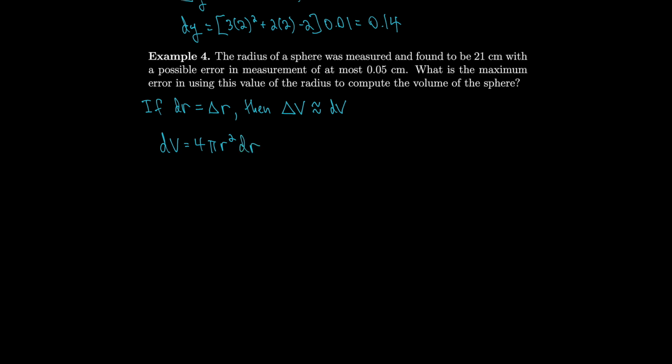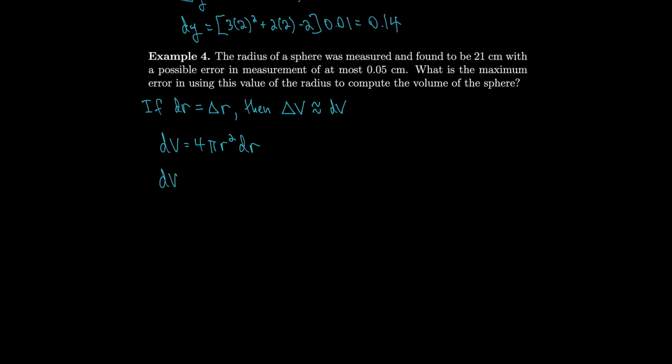Okay, so remember that for volume of a sphere, it's 4/3 pi r cubed. So when you take 4/3 pi r cubed and you take the derivative, the 3 jumps out in front and cancels and just leaves you with 4 pi r squared. So we have 4 pi r squared dr when we're taking our differential.